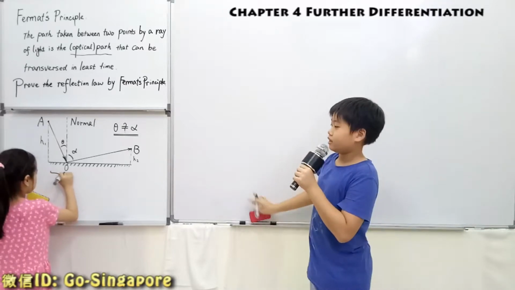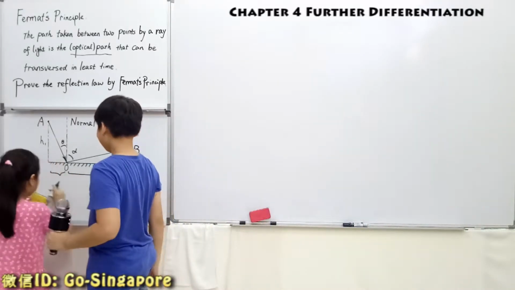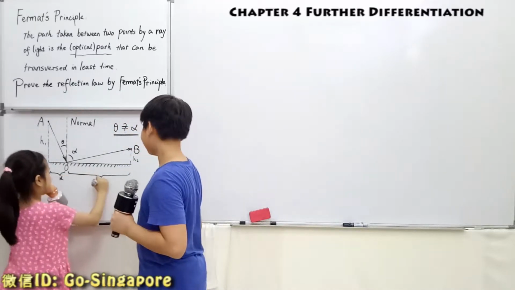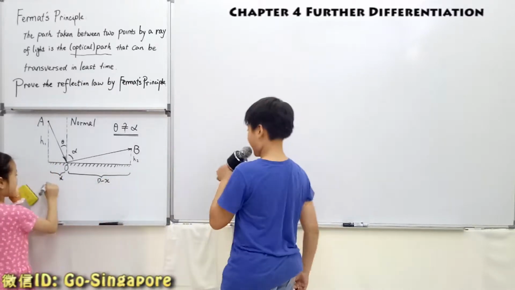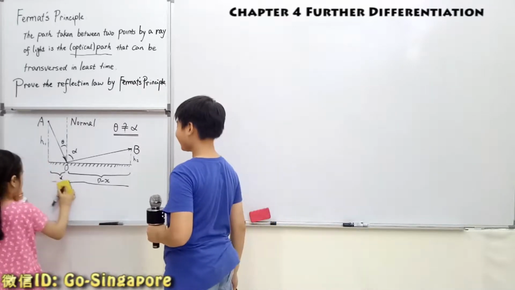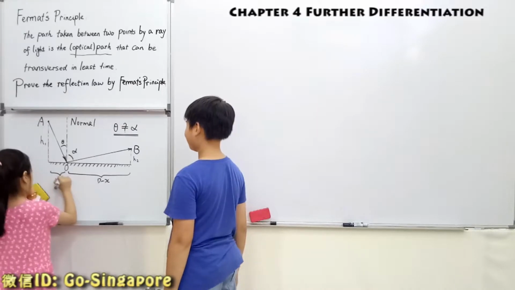Okay, for this question, just quickly label it. There's the x, there's the distance minus x. So there's no line and not x.